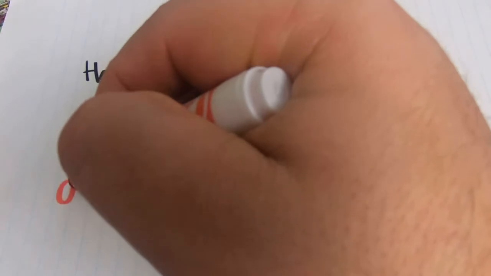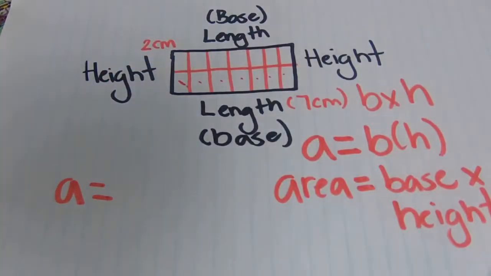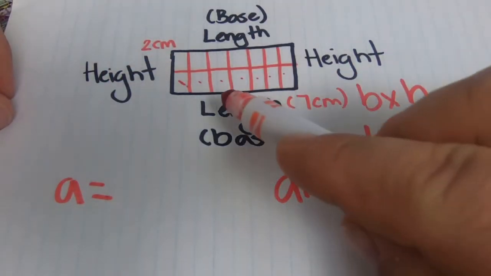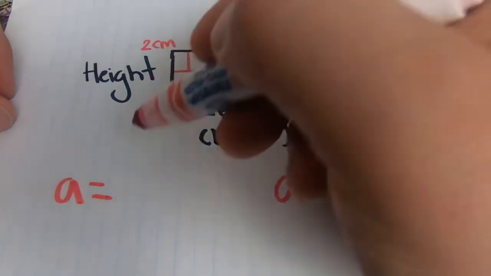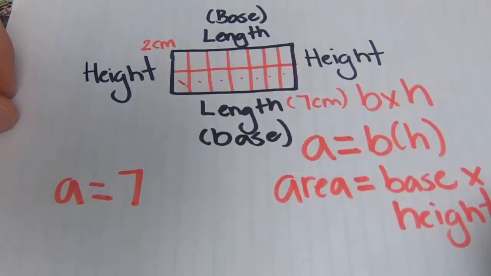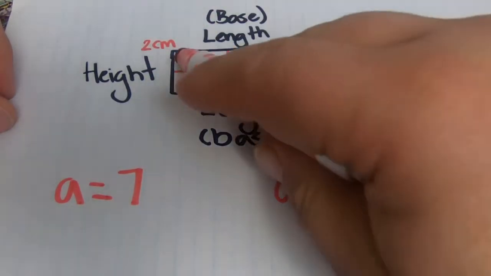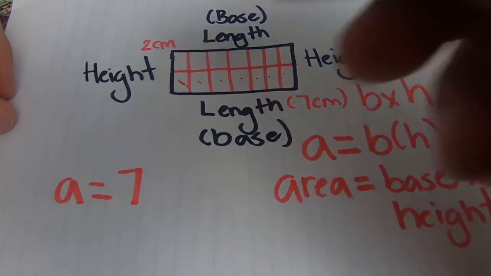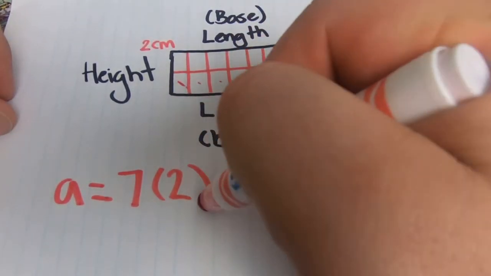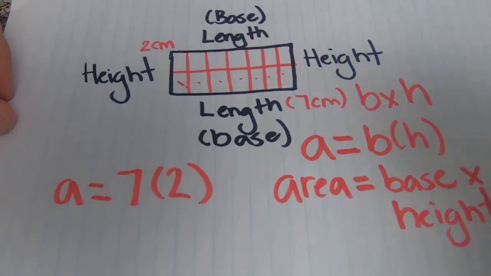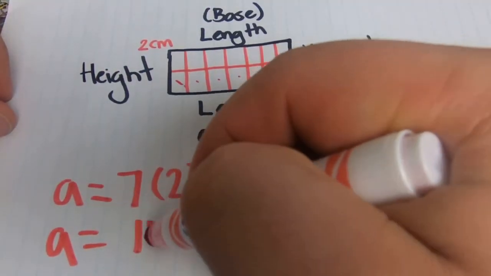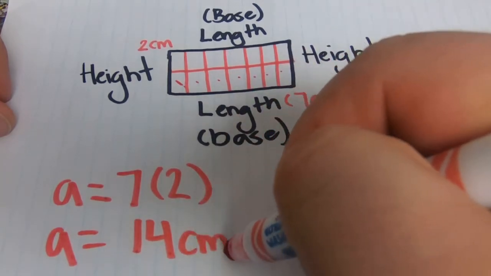We're going to put area equals. But we know that the base here is 7 because we counted it. And we know that the height is 2 because we counted it there. So we're going to go 7 times 2. So area equals, and 7 times 2 is going to give us 14 centimeters squared.